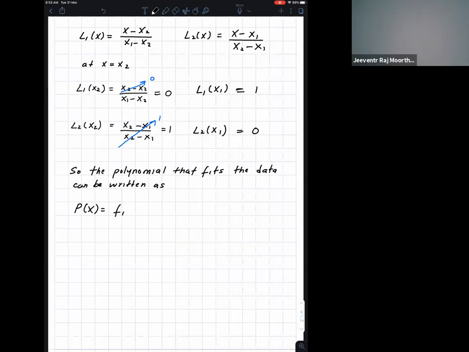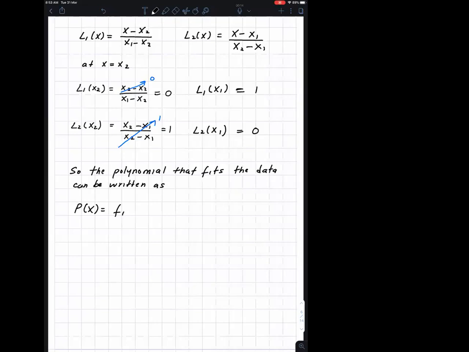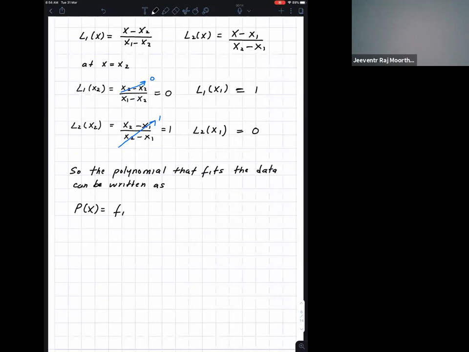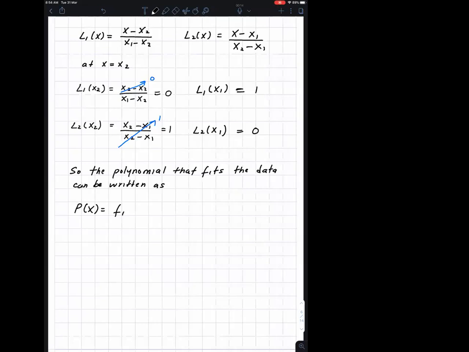So we haven't done anything complicated yet. Now we're going to substitute what we evaluated earlier into the polynomial function Px.